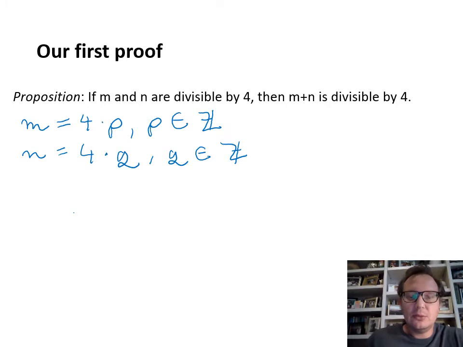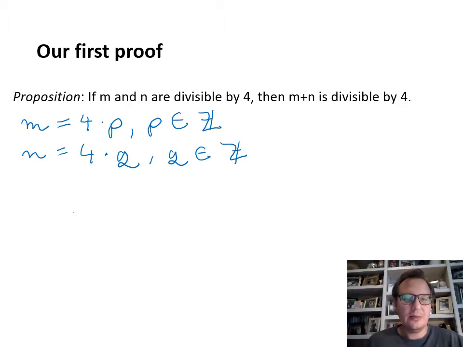An important thing to note here is that we introduce two variables, p and q, since m and n are not necessarily the same. So if you use just one variable here, let's say just p in both cases, your proof would be wrong. Okay, so these are the basic facts that we can state about m and n.